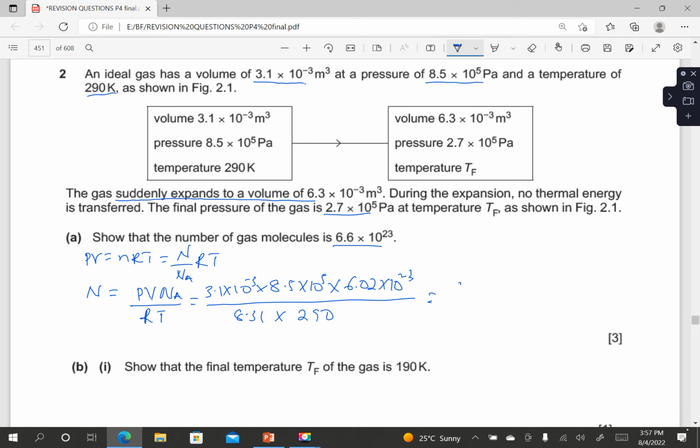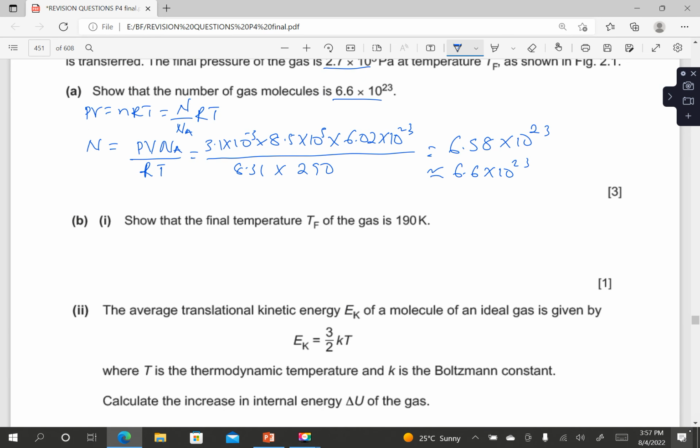So I am getting 6.58 times 10 power 23, which is of course approximately 6.6 times 10 power 23, as required. Okay, next. Show that the final temperature TF is 190.